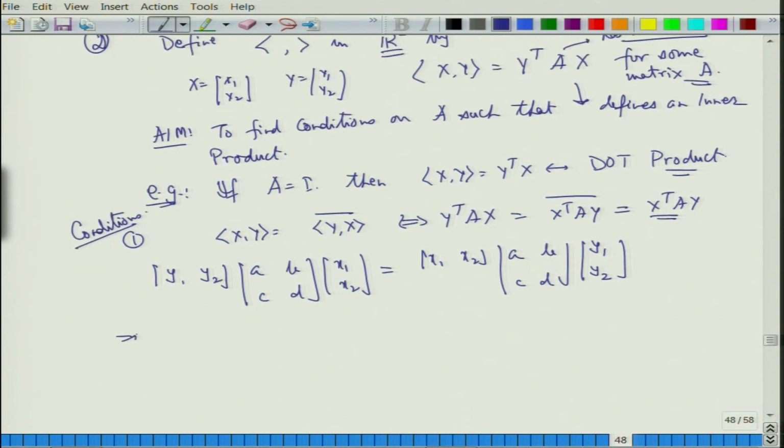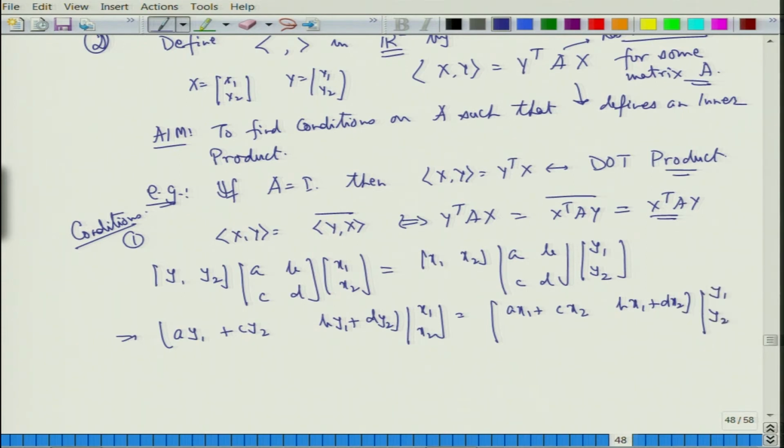So just multiply it out: (a y1 + c y2, b y1 + d y2) times (x1, x2) is equal to (a x1 + c x2, b x1 + d x2). Please verify because I make a lot of mistakes. All right, I am very good at it. So you have to spend time and verify things.